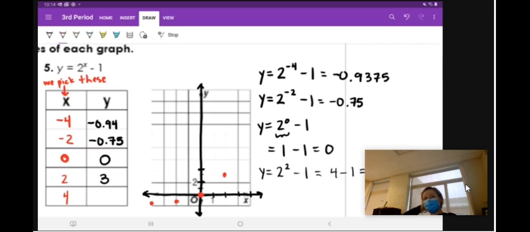Halfway between 2 and 4. And our final point is going to be y equals 2 to the 4th power minus 1, which is 16 minus 1. Okay. This is going to be way up there off the graph. No, never mind. Our graph counts by 2's. So this goes 2, 4, 6, 8, 10, 12, 14, 16. 16 should be right here.